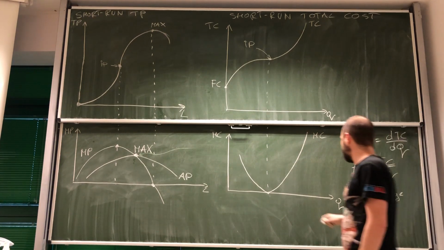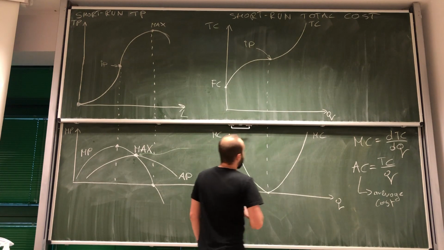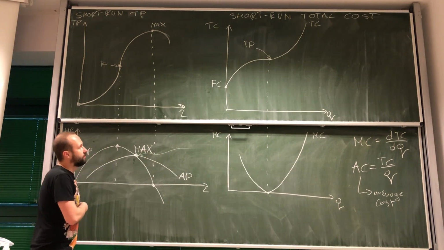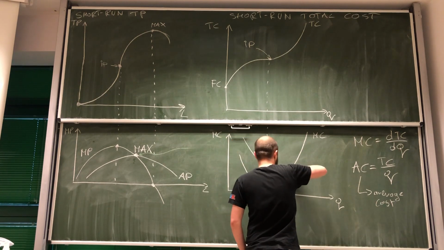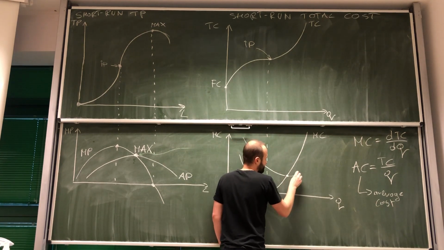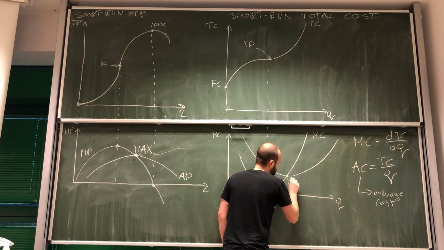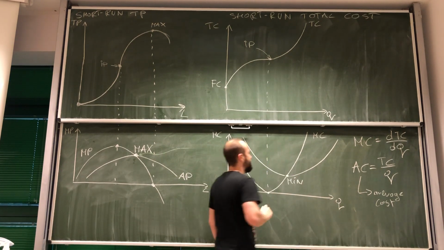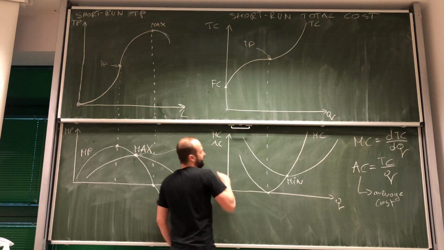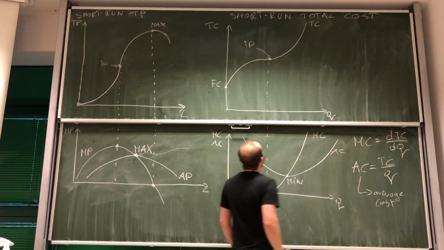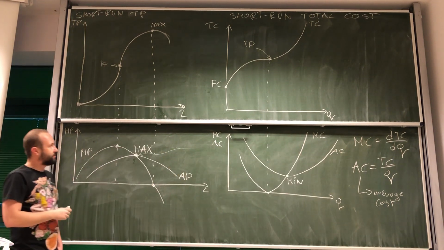Now, how does average cost look like? Well, again, I can draw this here, and here we have minimum. Again, I can just explain this to you because it doesn't require much imagination to understand it.